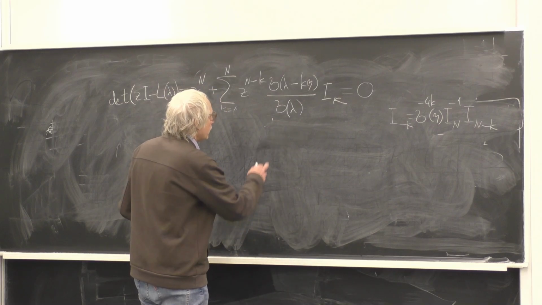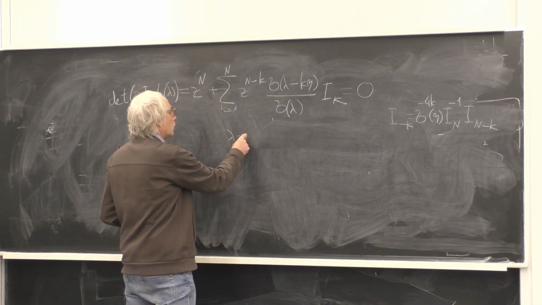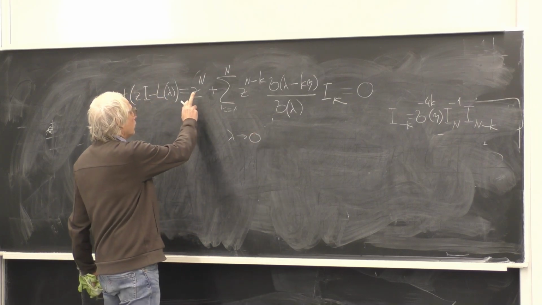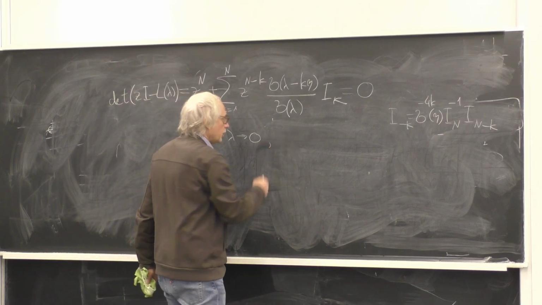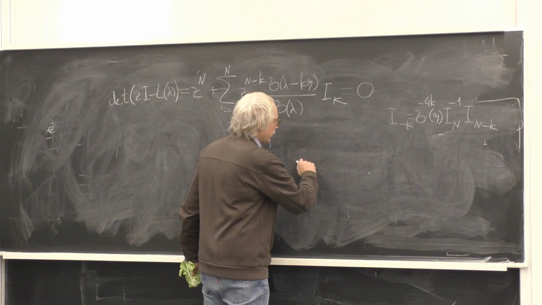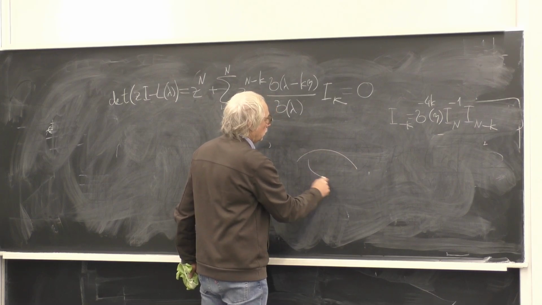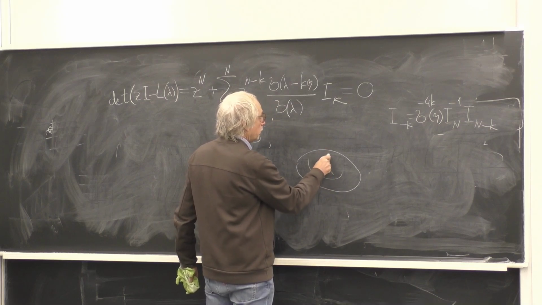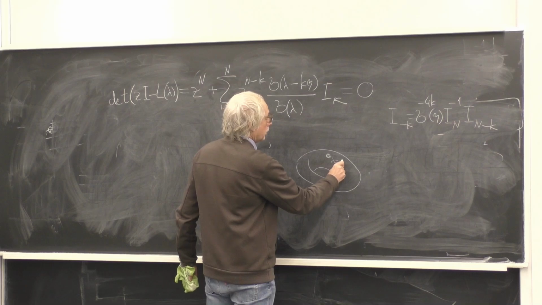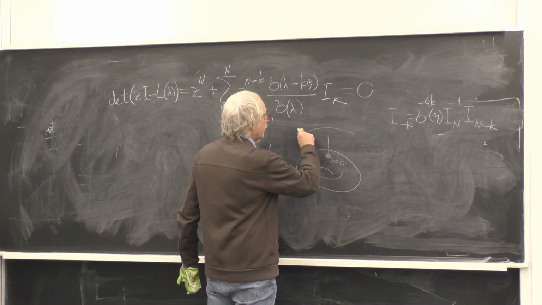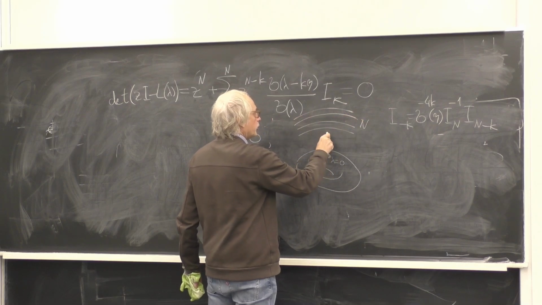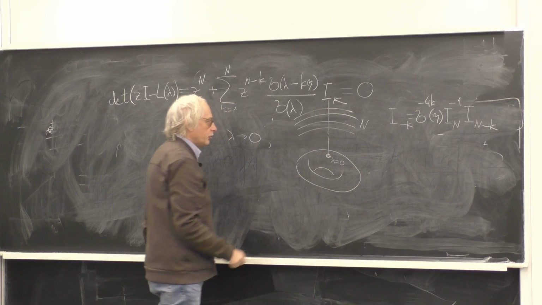For example, when lambda goes to 0, z, again, this is a covering over the elliptic curve, and this is the point lambda equals 0, and there are n sheets above this point.